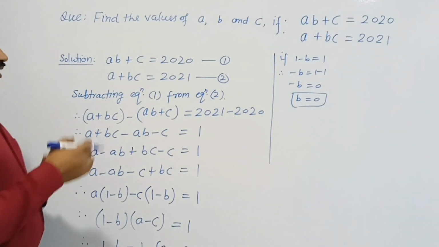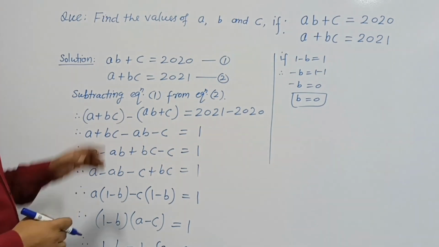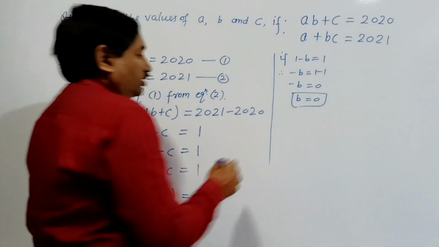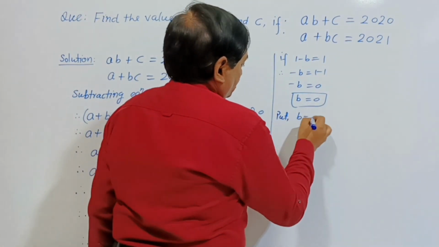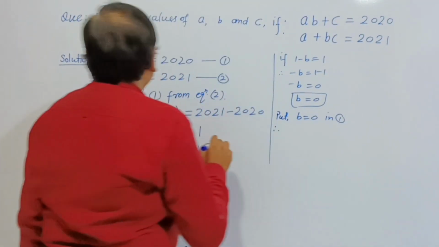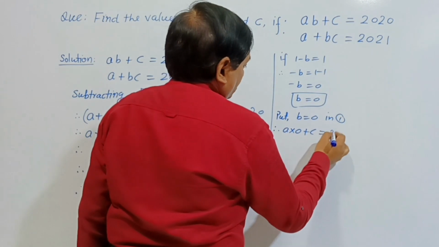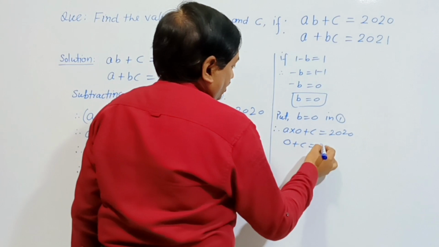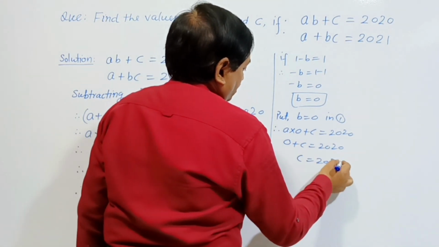Now if B equals 0, what will happen? Put B equal to 0 in equation 1. Therefore A into 0 plus C equals 2020. So 0 plus C equals 2020, that is C equals 2020.